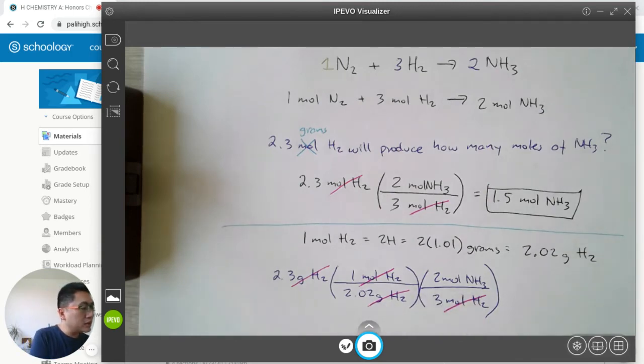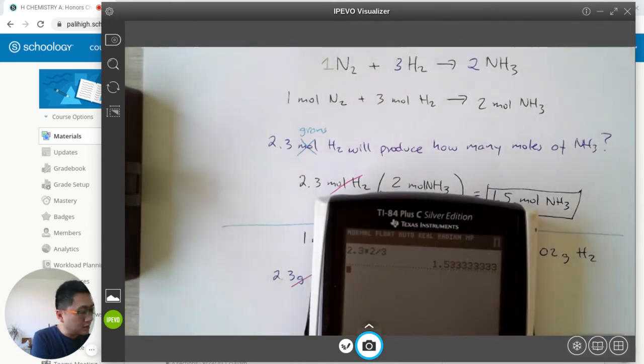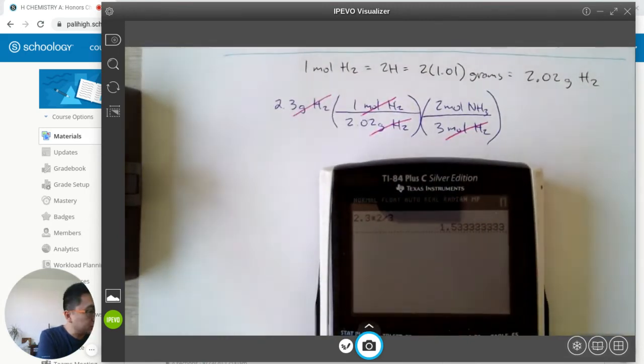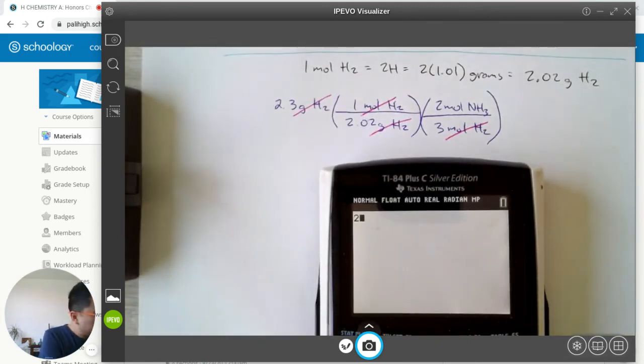Type that on a calculator. At the end, of course, this will be 2 sig figs. We have 2.3 times 2 divided by 2.02 and 3.